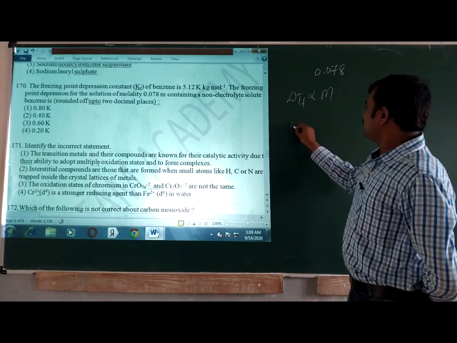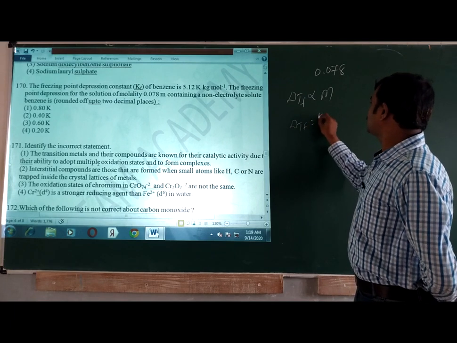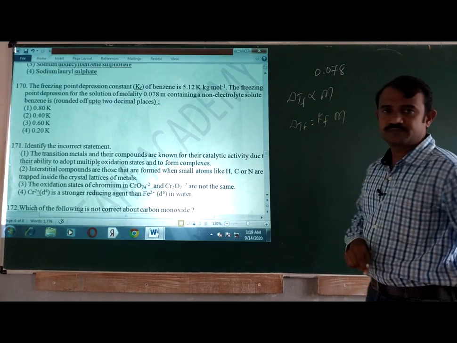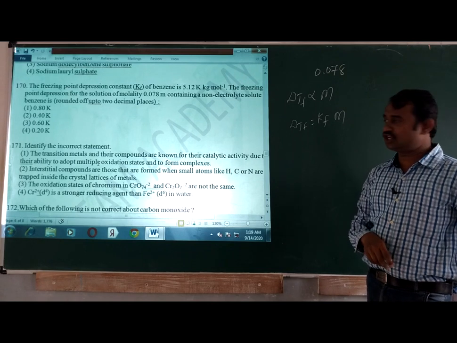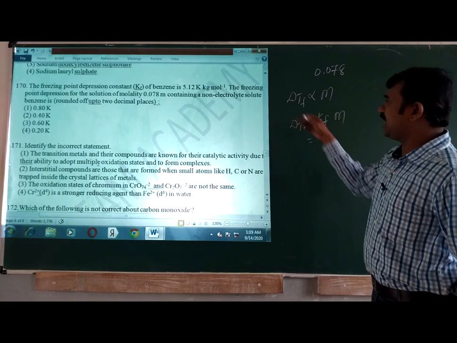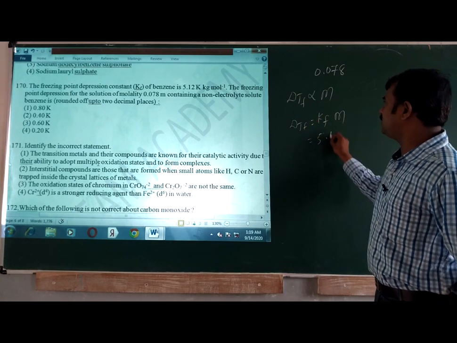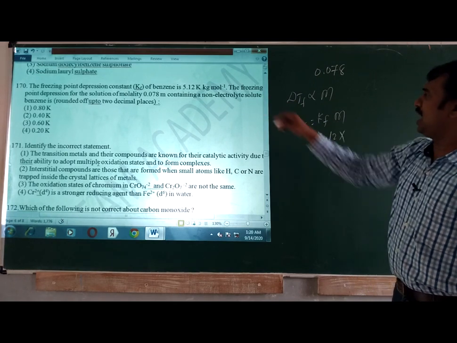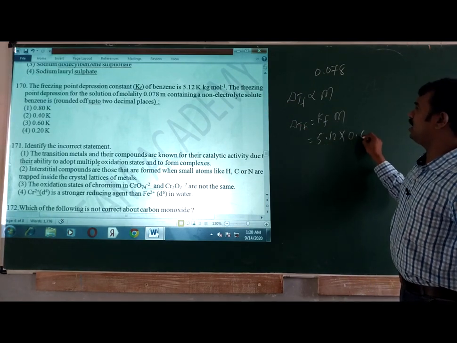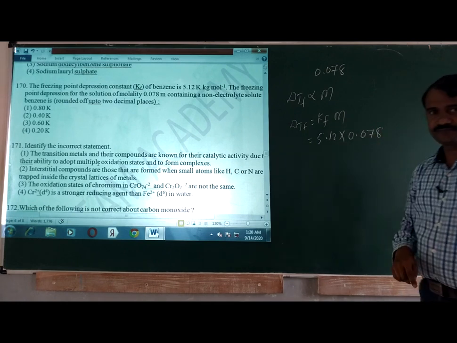Delta Tf equals Kf into molality concentration. The value of Kf is 5.12 and the molality they are given is 0.078.